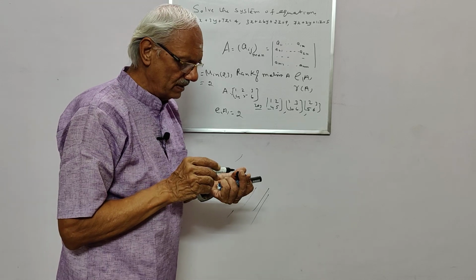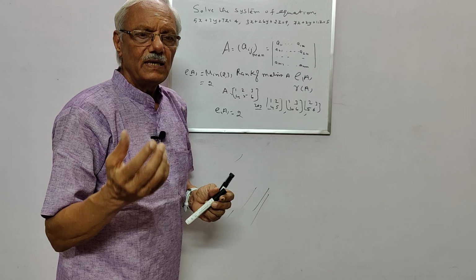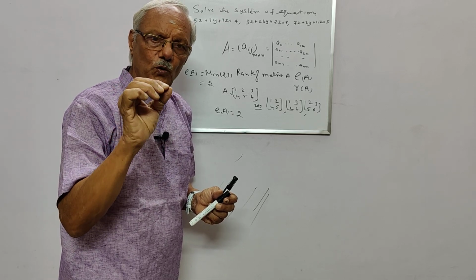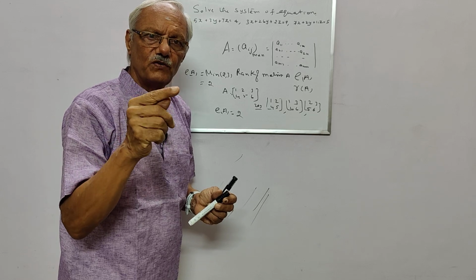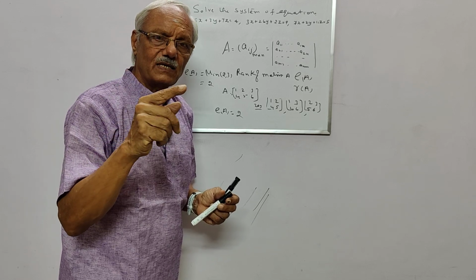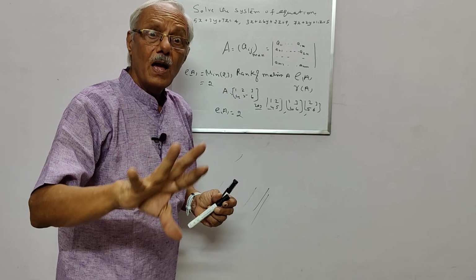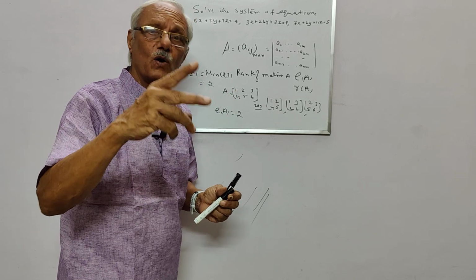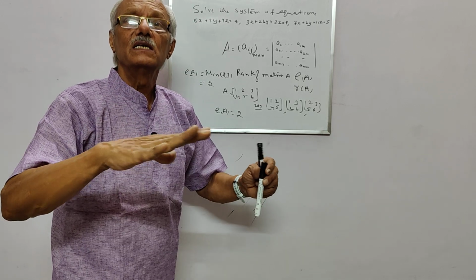So if you want to define the rank of a given matrix, it is nothing but a positive integer R, which refers to the order of at least one submatrix whose determinant value is not equal to 0, but for higher orders R plus 1 and more, the determinant value will become 0.